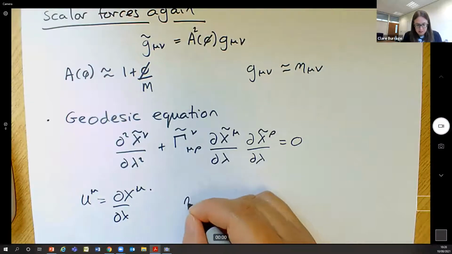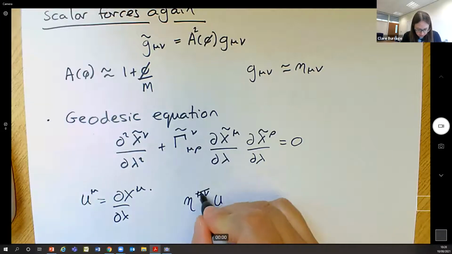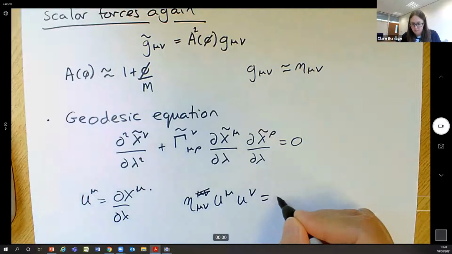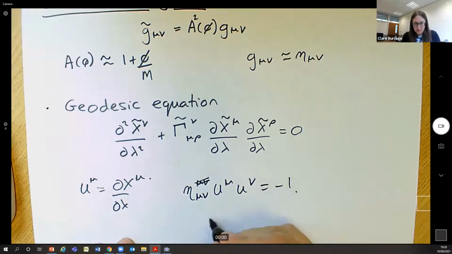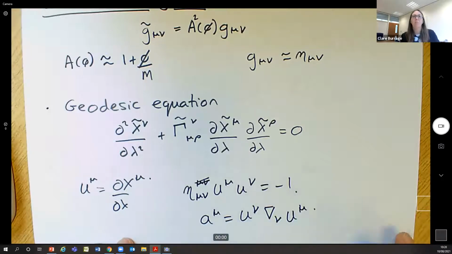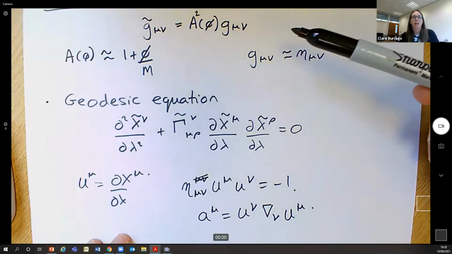Say that theta mu, oh sorry, I want these downstairs, theta mu is equal to -1. And then we can write the acceleration defined in terms of that velocity. Okay. So those are all of the pieces that we need.